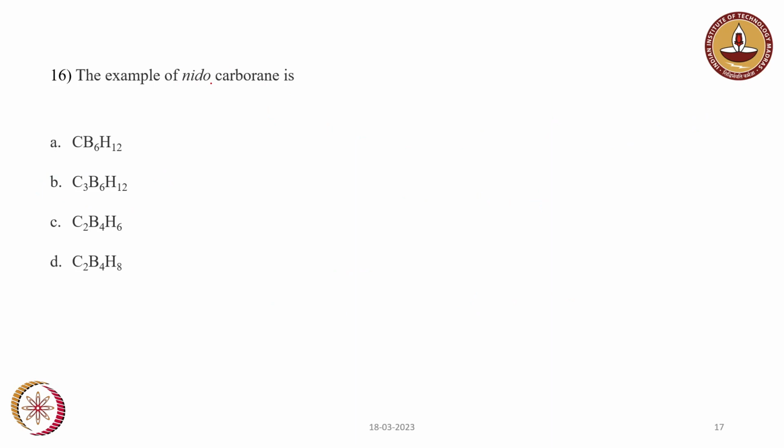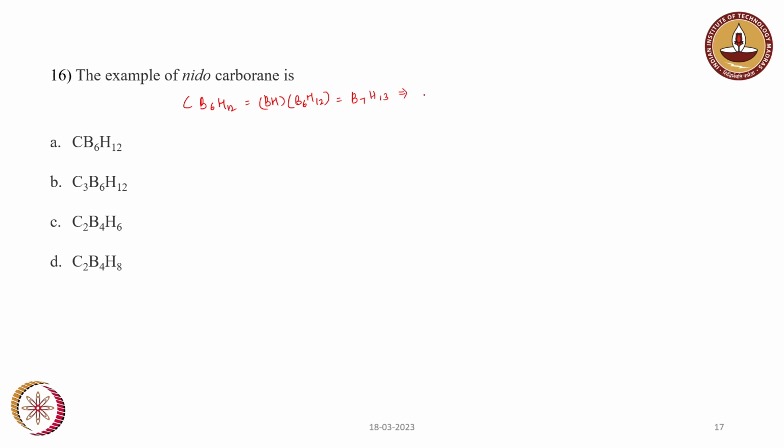Next question is the example of nido carborane is option A, CB6H12, B, C3B6H12, C, C2B4H6, and option D, C2B4H8. So we can replace carbon with a BH unit. So we can go for CB6H12, that will be BH plus B6H12, that is equal to B7H13.